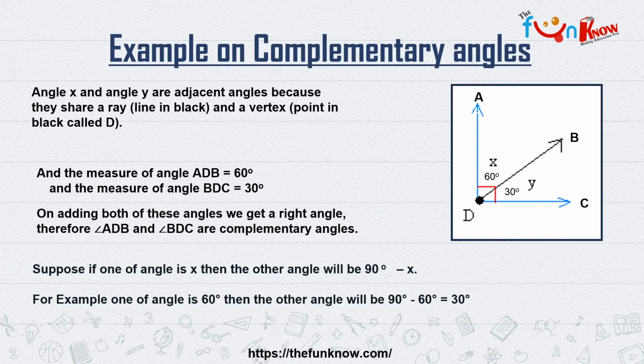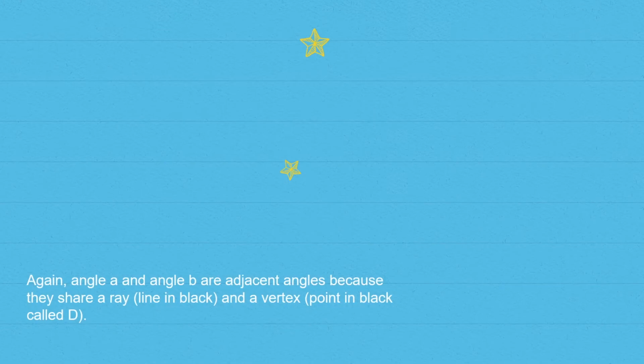Then to find the value of Y, we do 90 degrees minus 60 degrees. Here the value of X is 60, but later the value of X can be different also. Whatever the value of X, we use the formula 90 degrees minus the value of X, and whatever the answer is will be the value of the other angle, that is the value of Y.